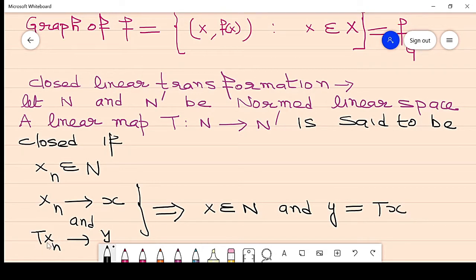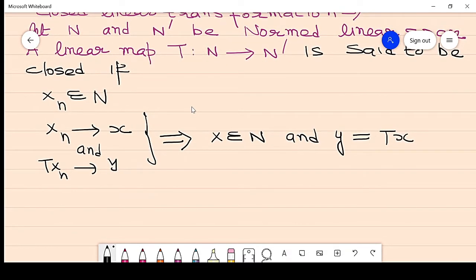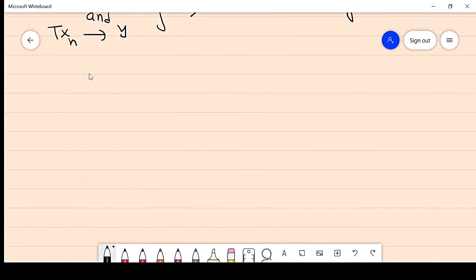It means T x_n approaches T of x and x should be a part of N. So this is the definition of a closed linear transformation. If any sequence in N approaches x and its image approaches y, then y is equal to T of x and x is a part of that N, where N means the normed linear space.